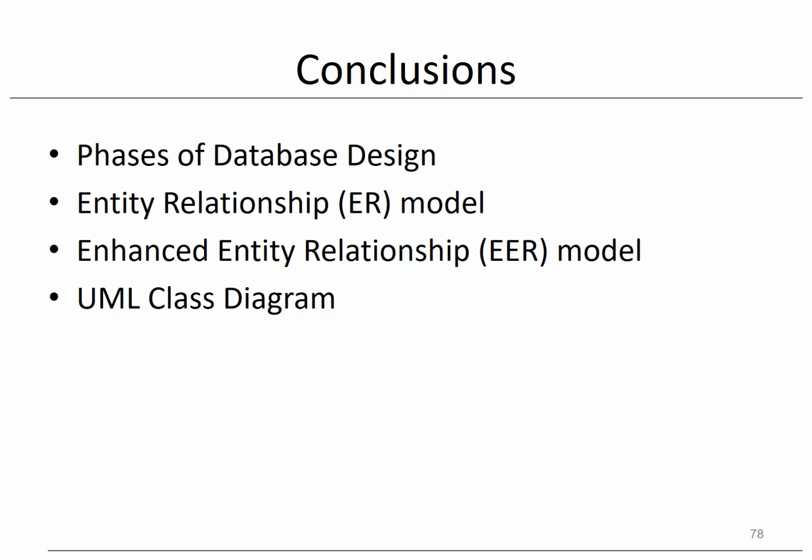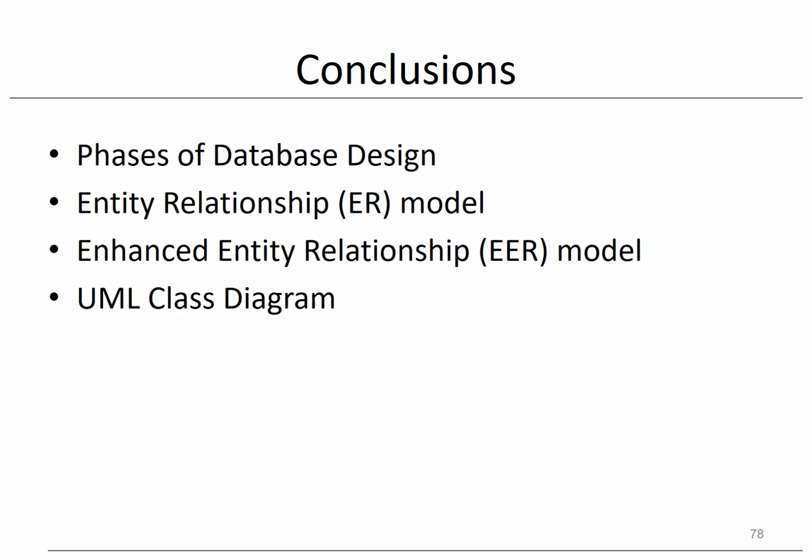In this chapter, we discussed conceptual data modeling using the ER model, EER model, and UML class diagram. We started the chapter by reviewing the phases of database design: requirement collection and analysis, conceptual design, logical design, and physical design. The aim of a conceptual model is to formalize the data requirements of a business process in an accurate and user-friendly way.